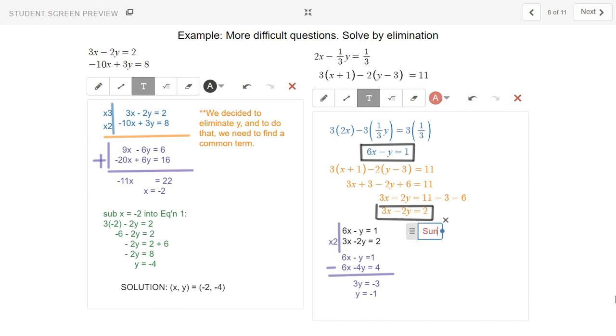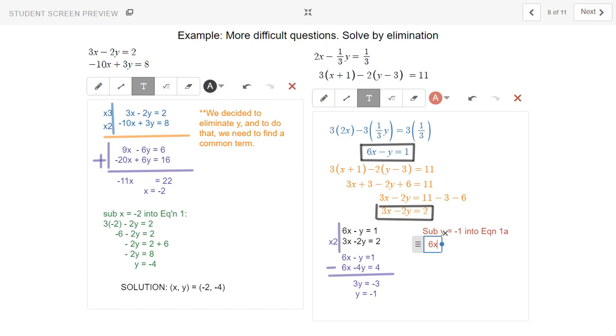Okay, so substitute y is equal to negative 1 into, I'll choose equation 1a. I call this a because it's the simplified version.